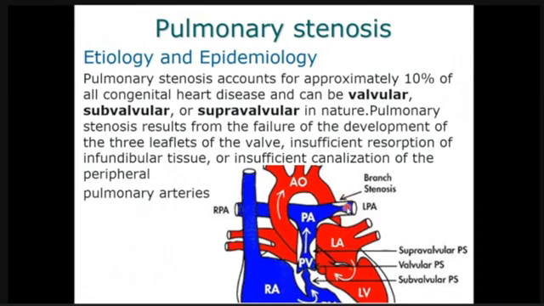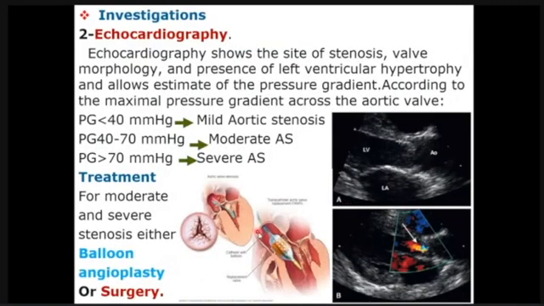In fact, for aortic stenosis, and the same for pulmonary stenosis, only the valvular side can be treated by balloon. If it is subvalvular or supravalvular, it should be treated by surgery. And for the valvular side, if the balloon fails, surgery is needed.